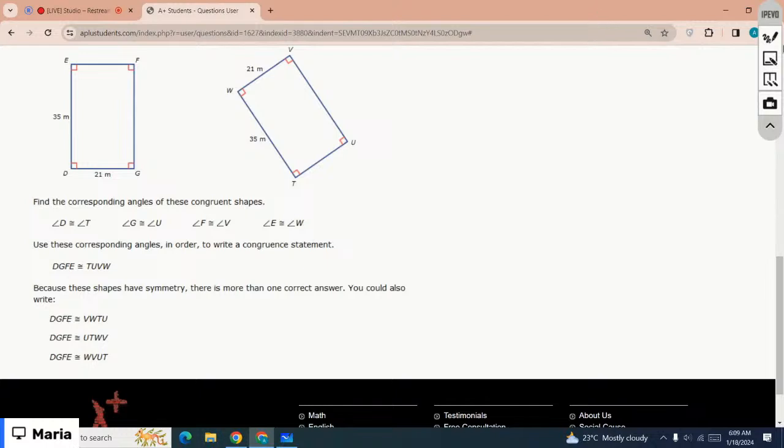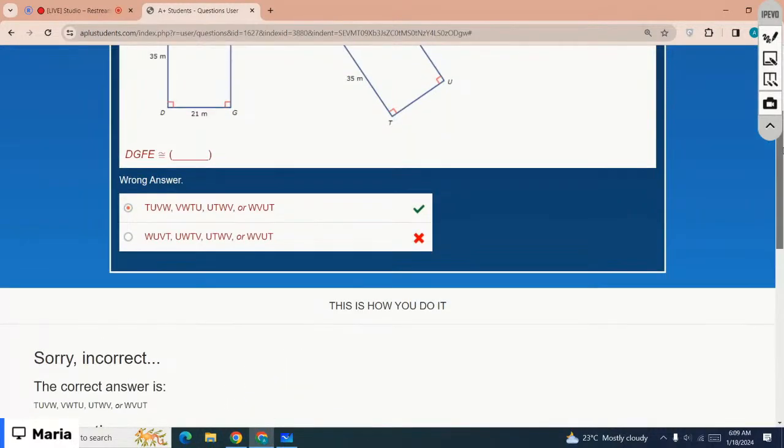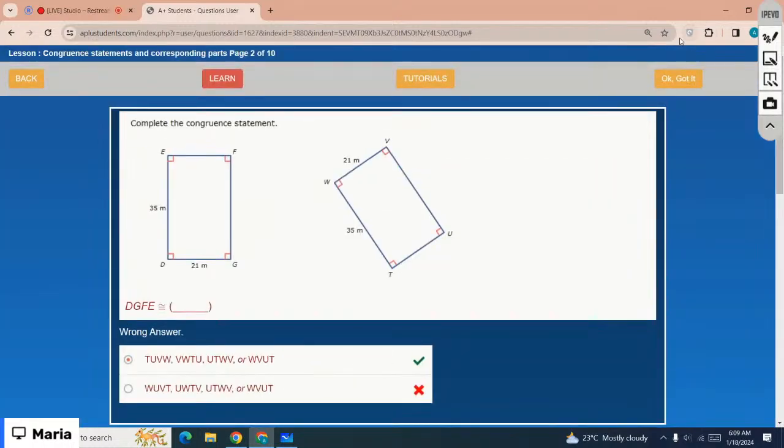There is more than one correct answer. DGFE is equal to VWTU. But why not the second one? They have exactly the same options. Okay, got it.